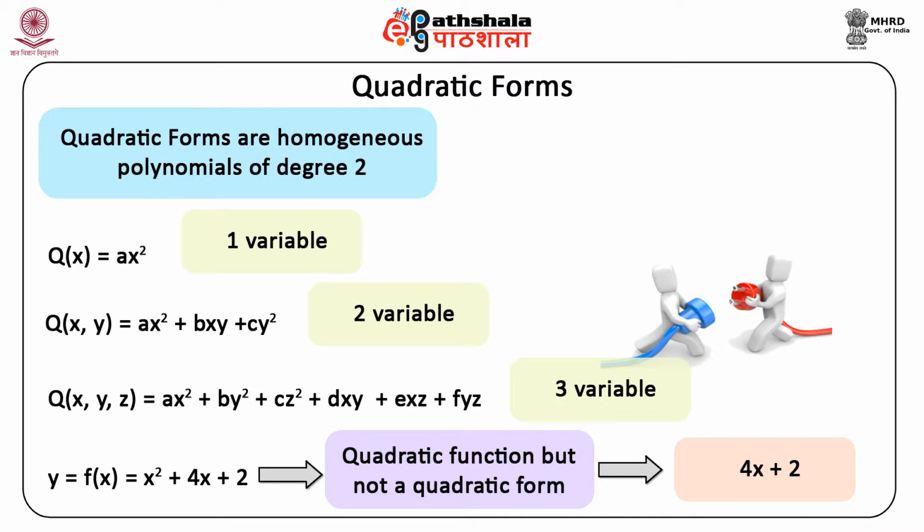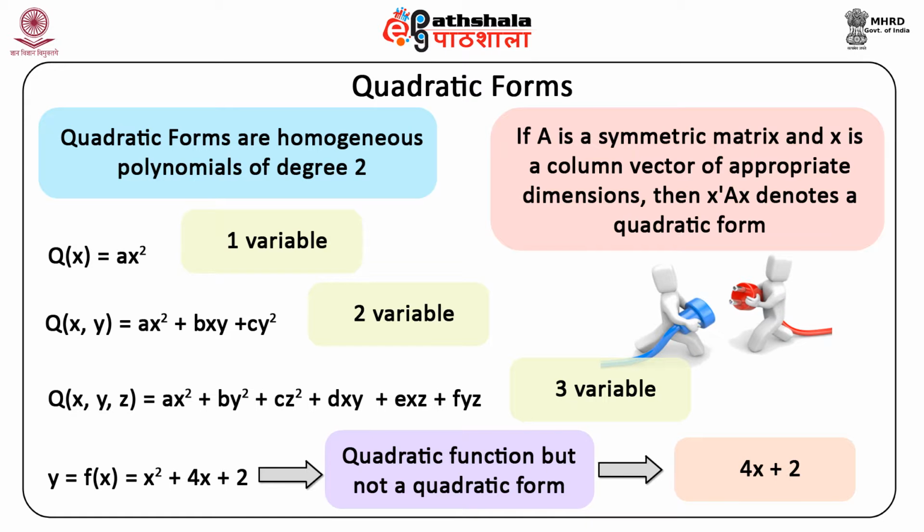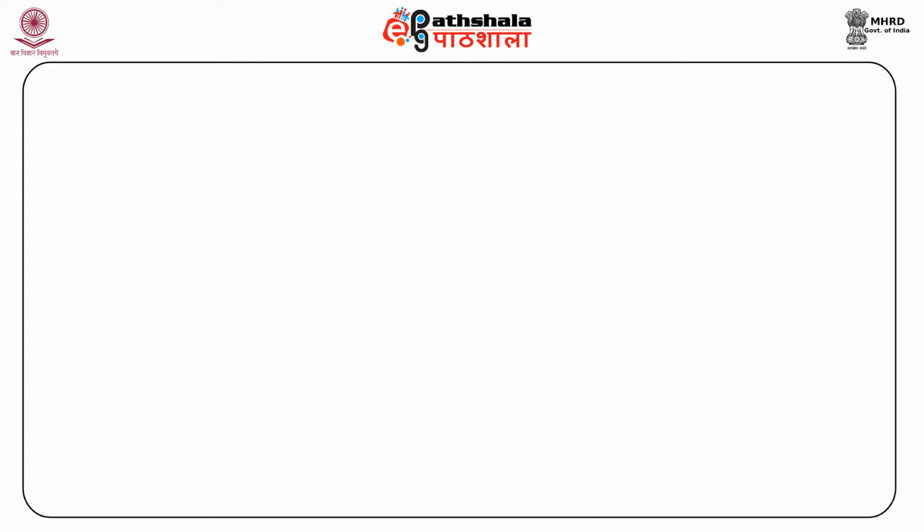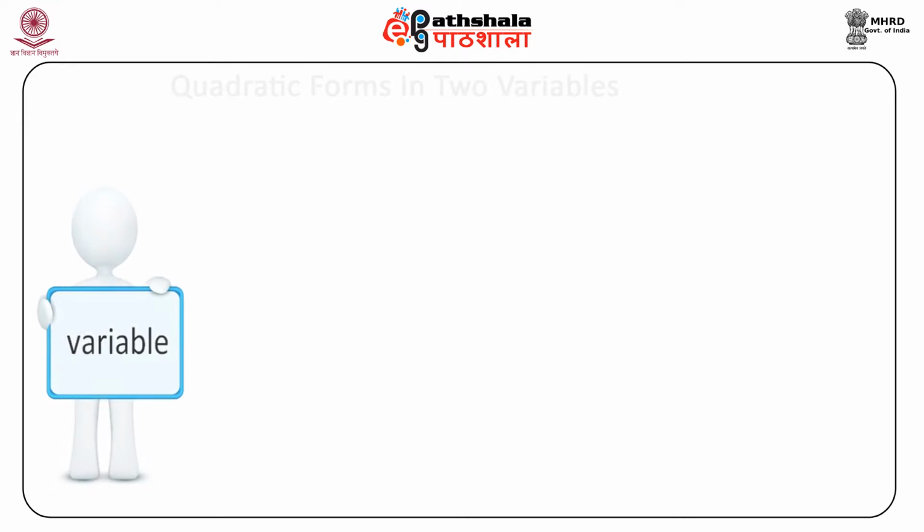A quadratic form can also be defined in terms of matrices. If A is a symmetric matrix and X is a column vector of appropriate dimension, then X prime AX denotes a quadratic form. Quadratic forms in two variables.